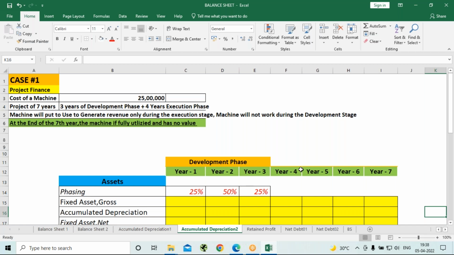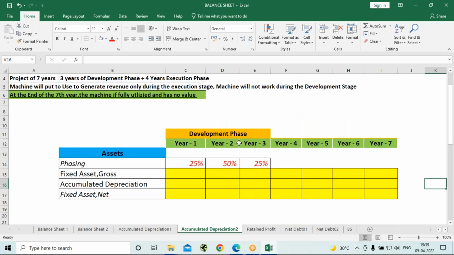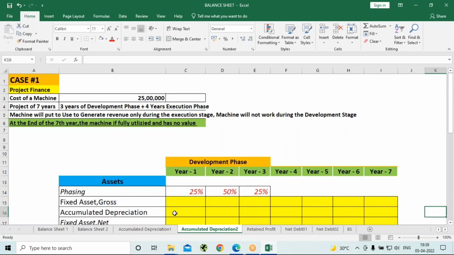The machine will be put to use to generate revenue only during the execution stage. The machine will not be working during the development stage. At the end of the 7th year, the machine is fully utilized and it should not have any value. So how do you do the calculation of an asset over here? Let me take this information. The value of the asset or machine here is 25 lakh.